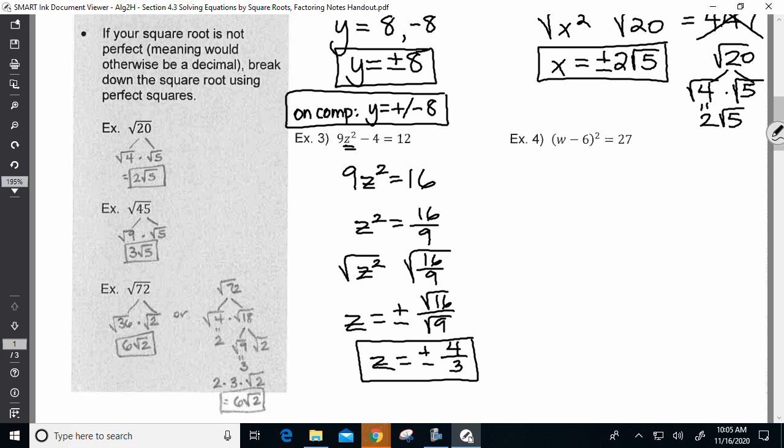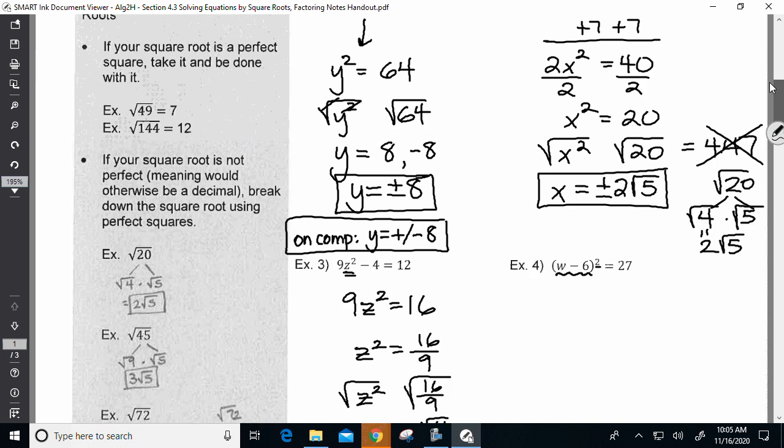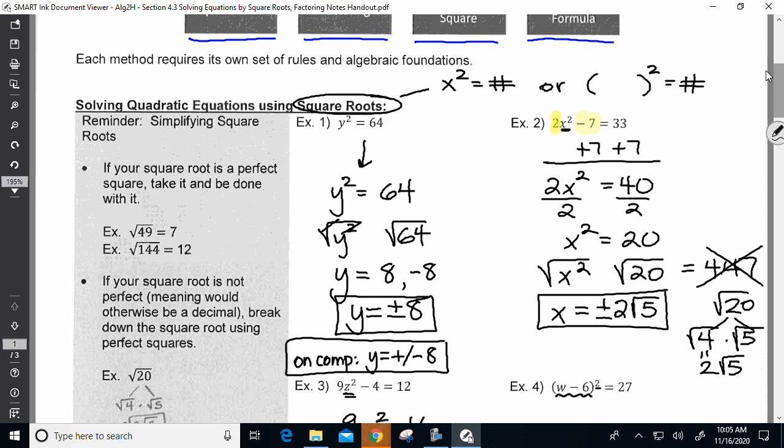Now you have a parentheses squared equal to 27. So remember, to use square roots, you either need the variable squared or you need the parentheses squared.